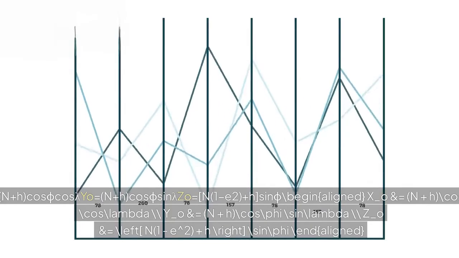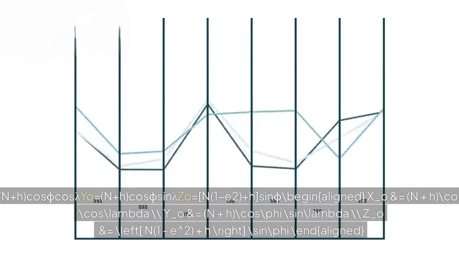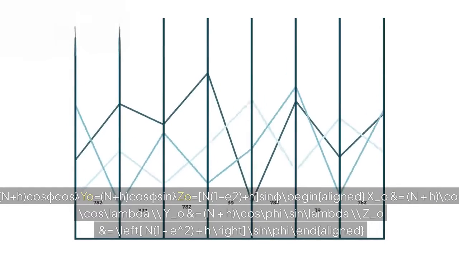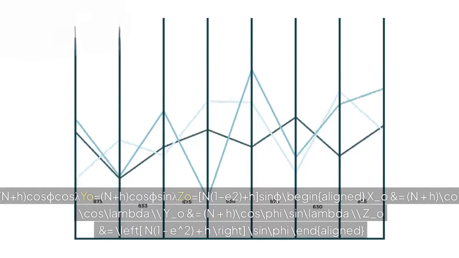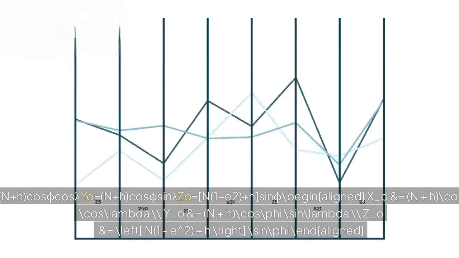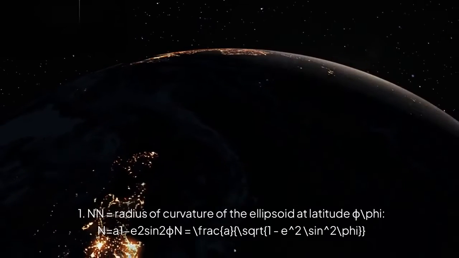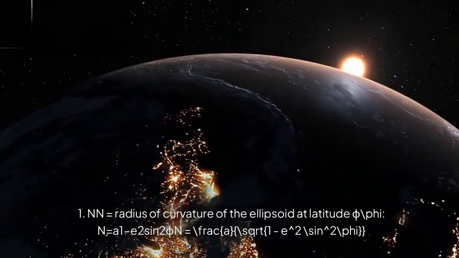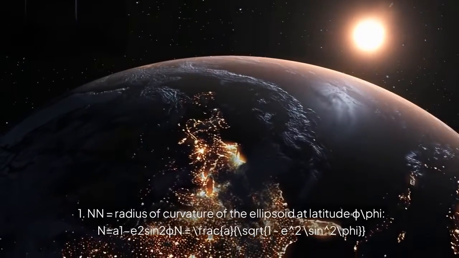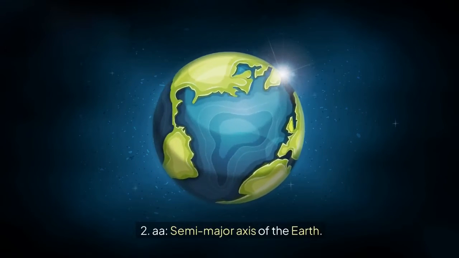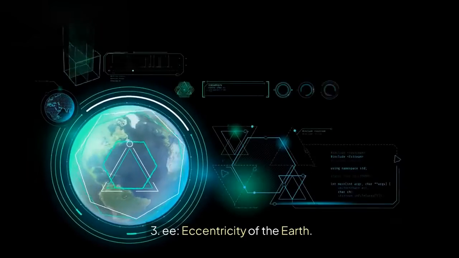Where N equals the radius of curvature of the ellipsoid at latitude phi, N equals a over the square root of (1 minus e squared sin squared phi), a is the semi-major axis of the Earth, and e is the eccentricity of the Earth.